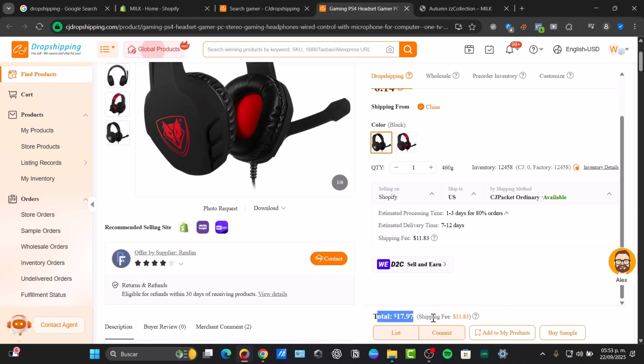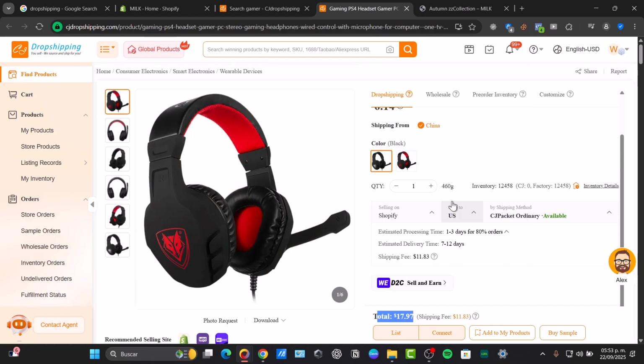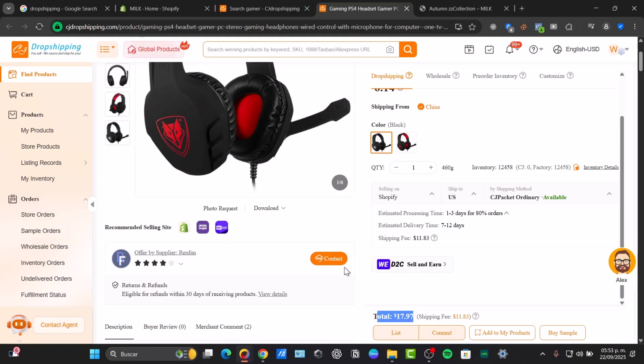That means if I sell this product for $30, for example, when I receive a payment, I'm going to be earning $10 per sale. This is how dropshipping actually works. So this is how the process works when a customer places an order, which might be step number 2.